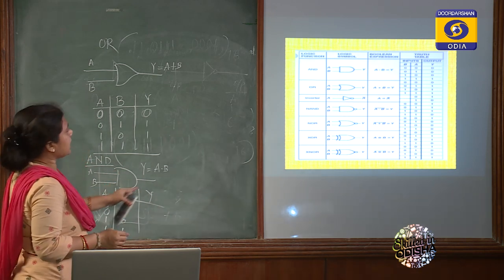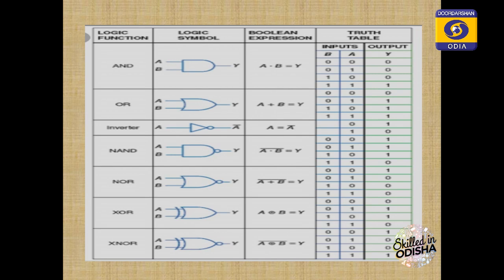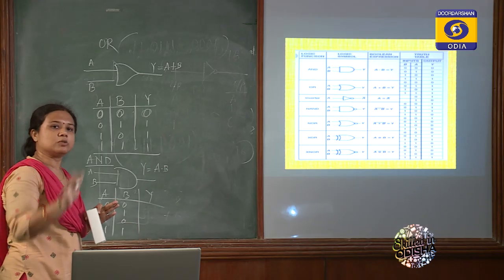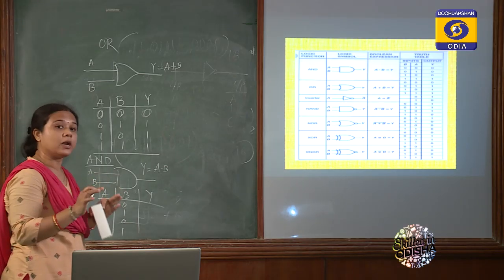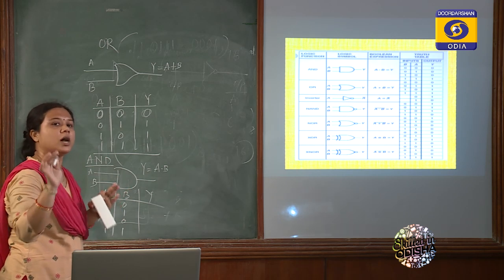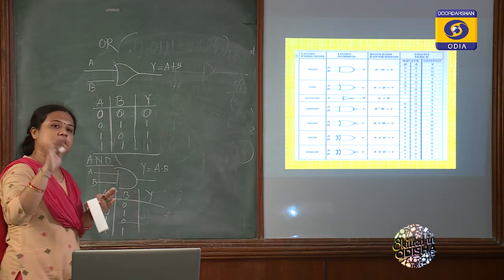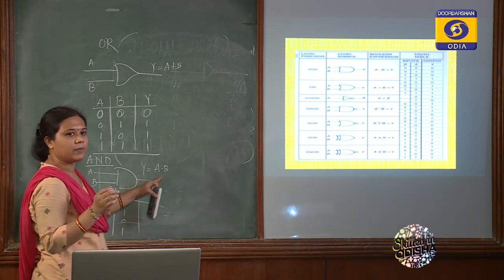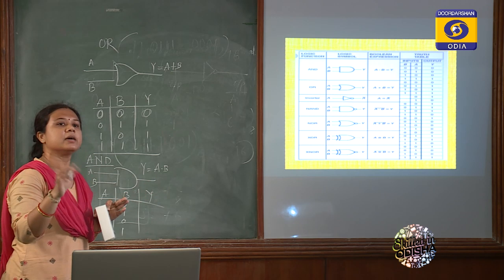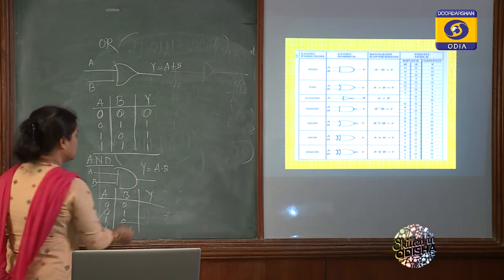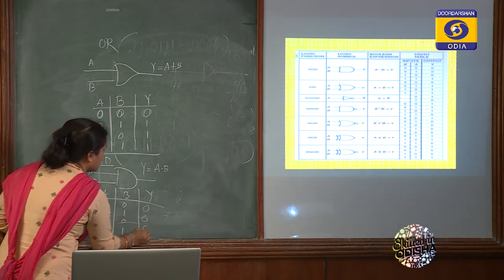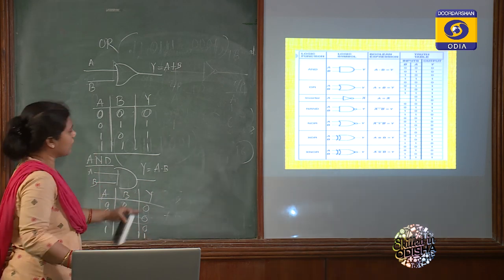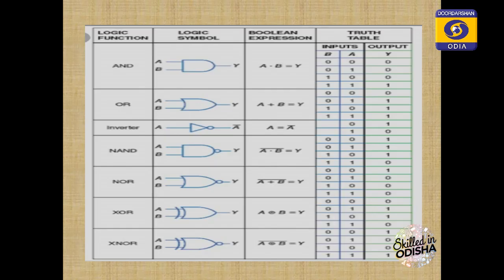In case of AND, both the terms should be true, meaning both should be 1. If both are 1 or true, then the output will be true or 1. If any one is 0, meaning false, then the output will be 0, because this is multiplication. If we multiply 0 with any term, the output will be 0, meaning false. So this one is 0, 0, 0 and the last one is 1, as already given in the slide.